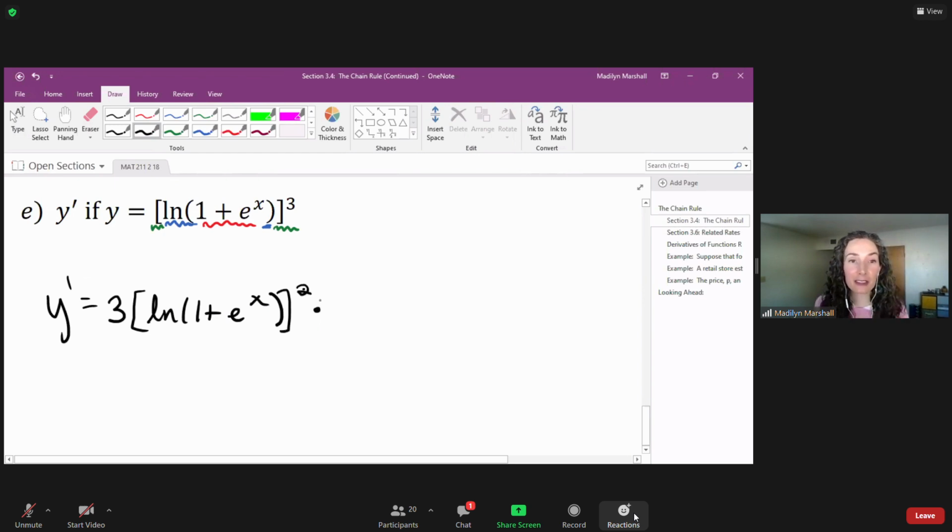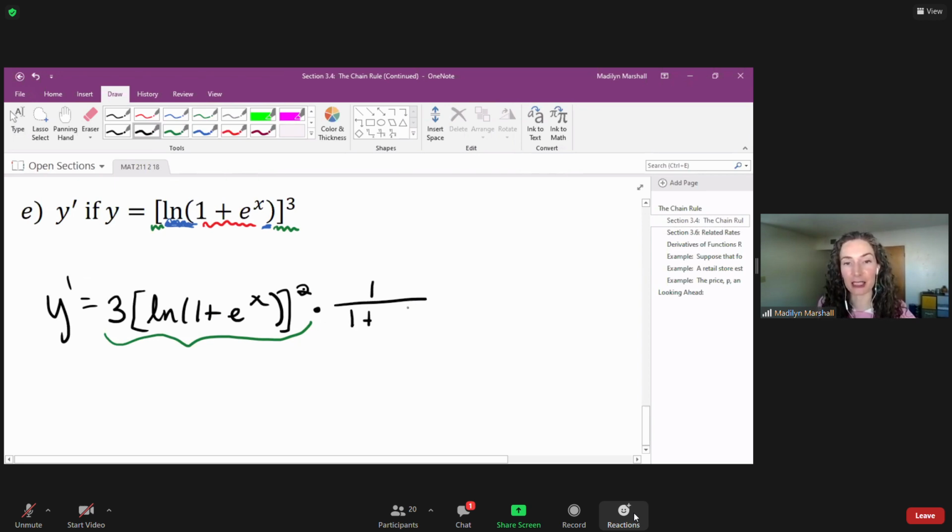So then if we have this multi-layer chain rule, we're just sort of working our way inside. So that is the fully most exterior part. Then we would look at this natural log. And we know the derivative of a natural log is 1 over whatever's inside of that natural log.